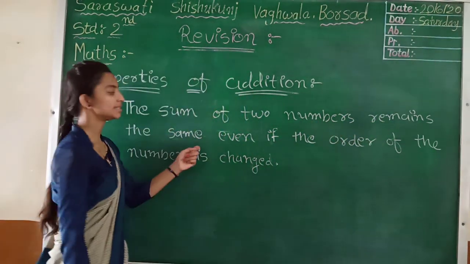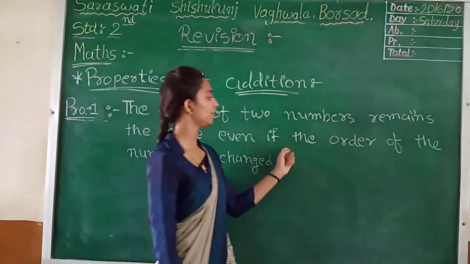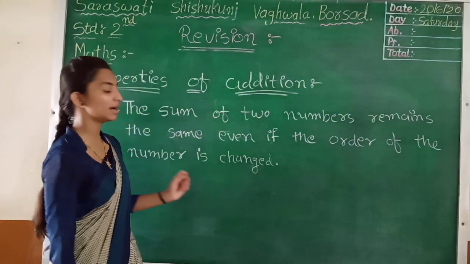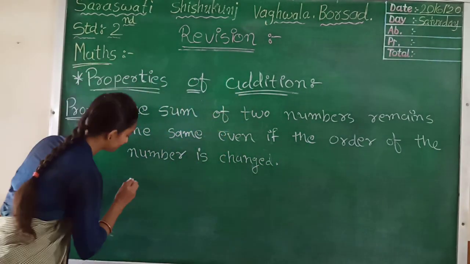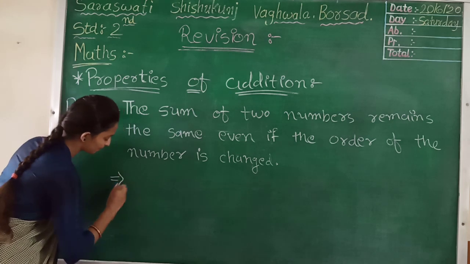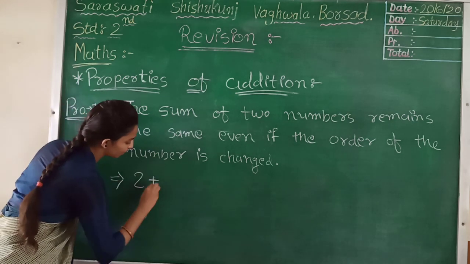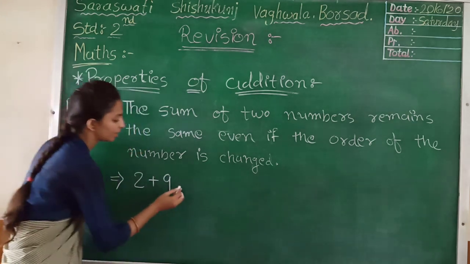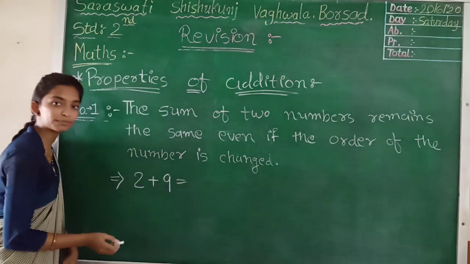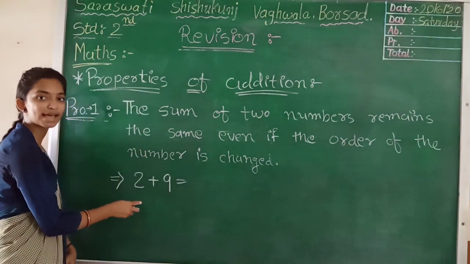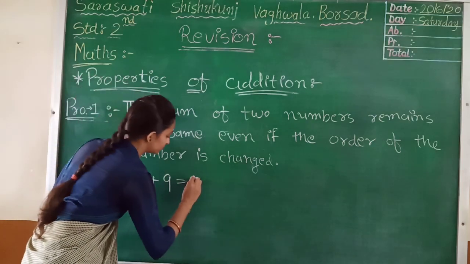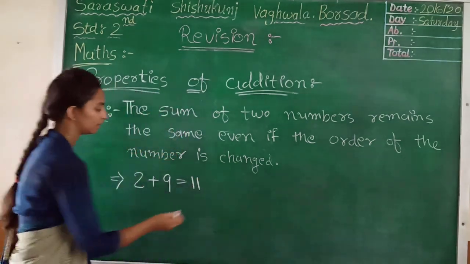The answer remains the same even if the order of the numbers is changed. That means 2 plus 9 is equal to how much? 2 plus 9 equal to 11.